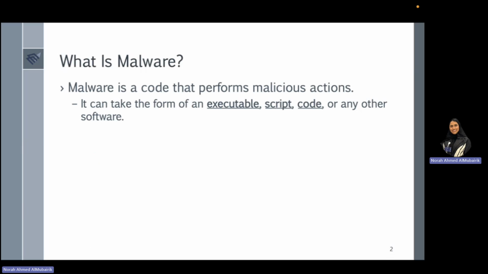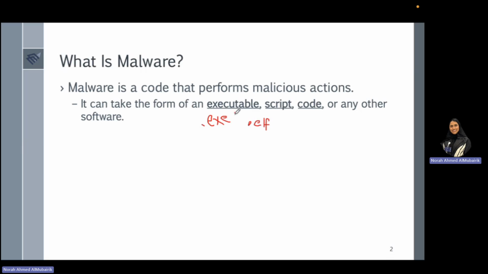If I am dealing with Windows, I might have executable.exe, a file that ends with .exe. If I have Linux, I might have a .elf, which is an executable linkable format file. When those files are clicked, they will be installed and perform several actions.